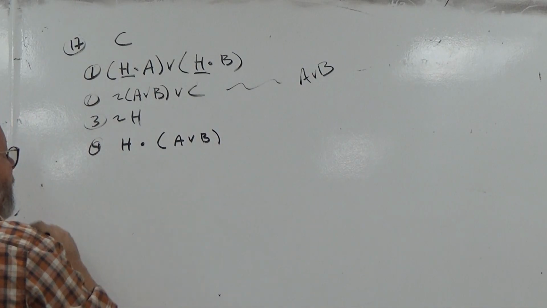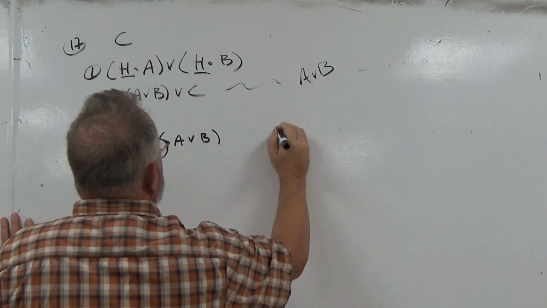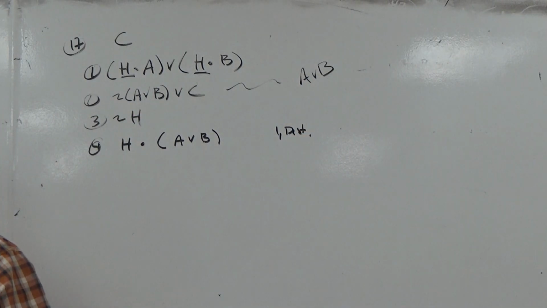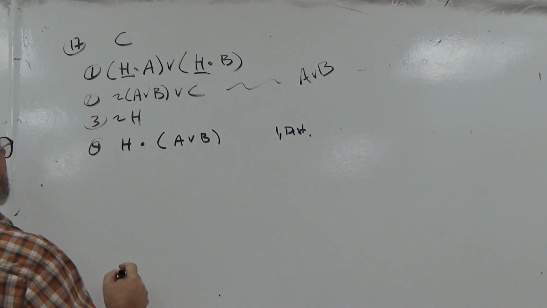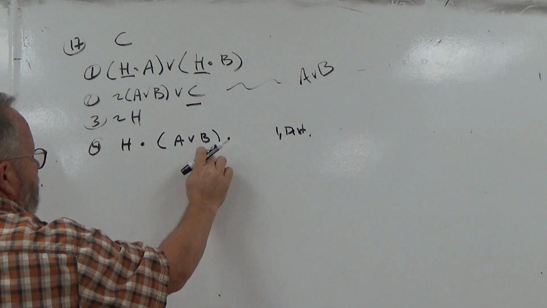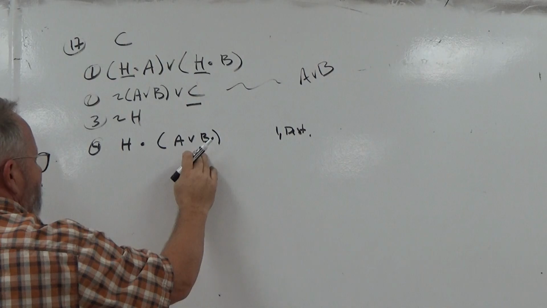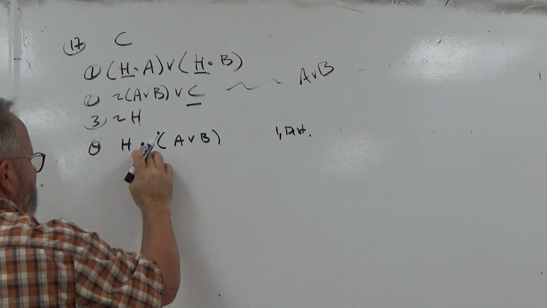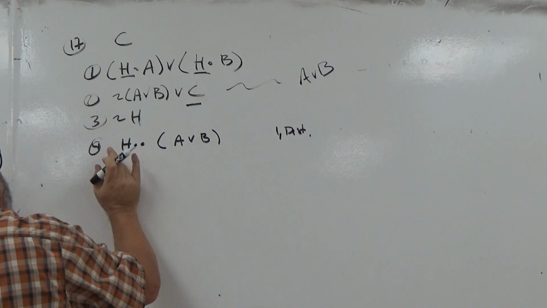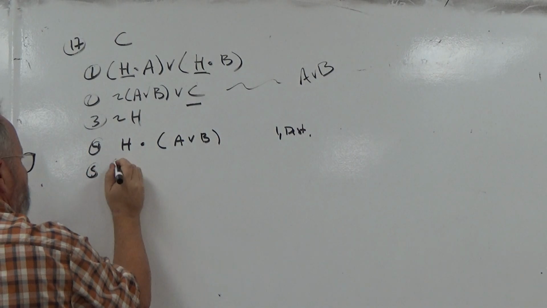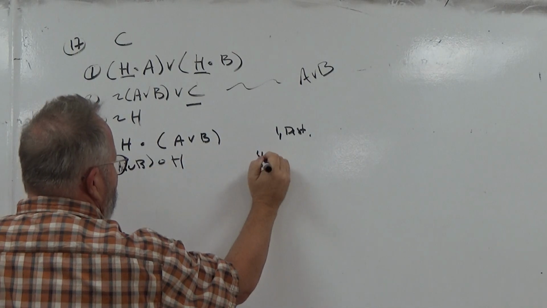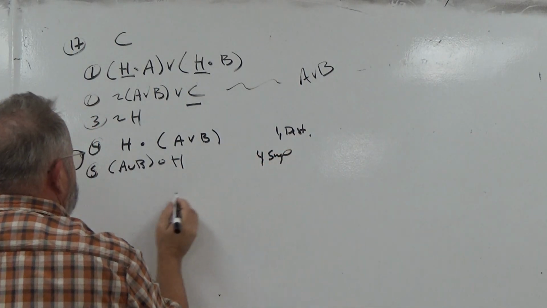Okay? And that's from 1 by distribution going backwards, okay? So, what am I after? I'm after C, so I need this, which is right here. I need to get it by itself. It's in a conjunction, so it's easy enough to get. Can it simplify? No, it's gotta be on the left side, so I have to do this first, A or B and H from 4 by simplification.